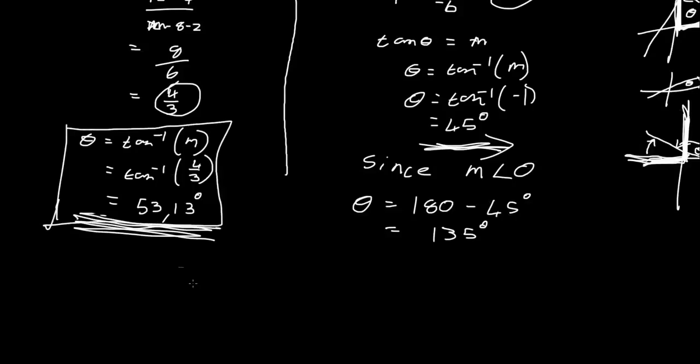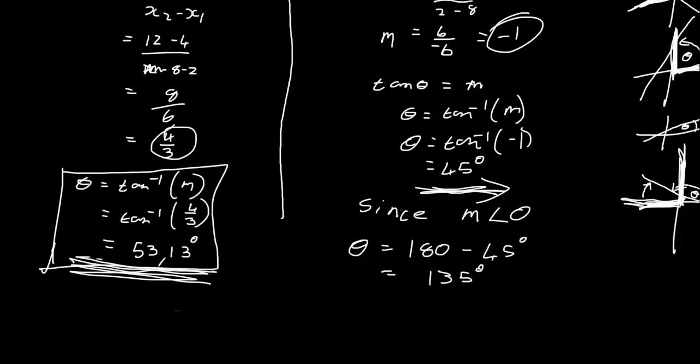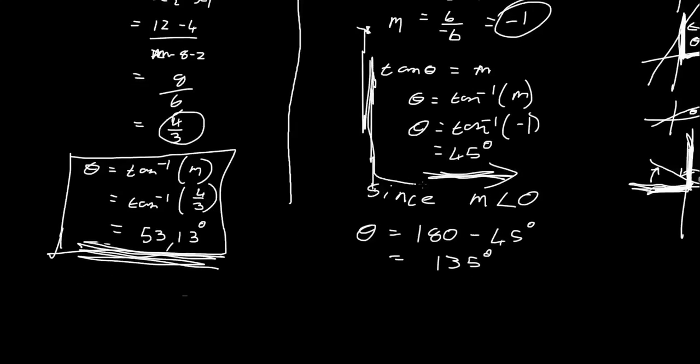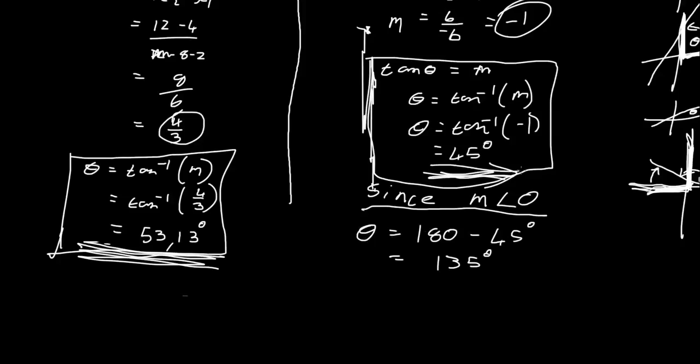If you've got a negative gradient, then this answer over here is not your final answer. The actual angle of inclination, since m is less than 0, is 180 minus the value that you calculate here. That'll give you your correct angle of inclination. So that's just the rule for positive and negative gradients.